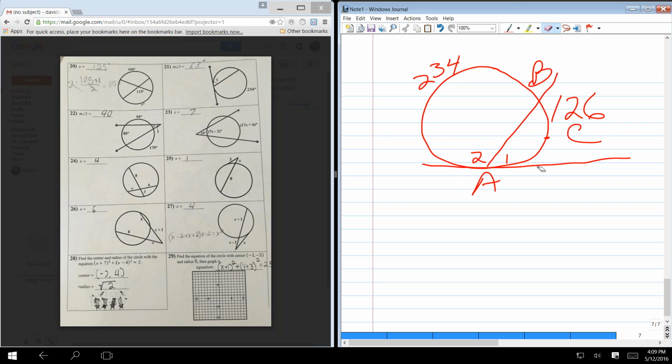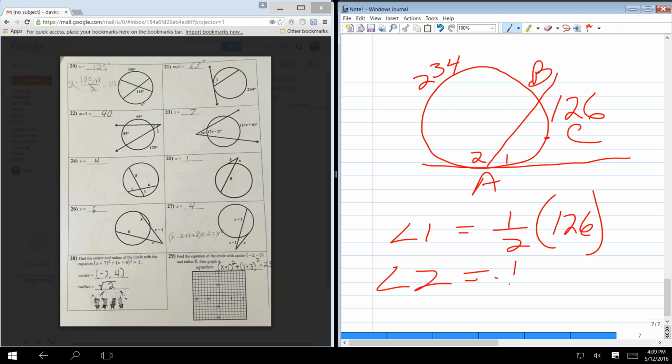So the formula has to be half. Angle 1 has to be half of the arc that it intercepts, just like most of the equations are, and angle 2 has to be half of the arc that it intercepts. The reason we know that is because these two arcs add to 360, and the angles add to 180, so it's got to be a 1/2 relationship. It can't be a 1-to-1 or a 2-to-1 even. It's got to be half.